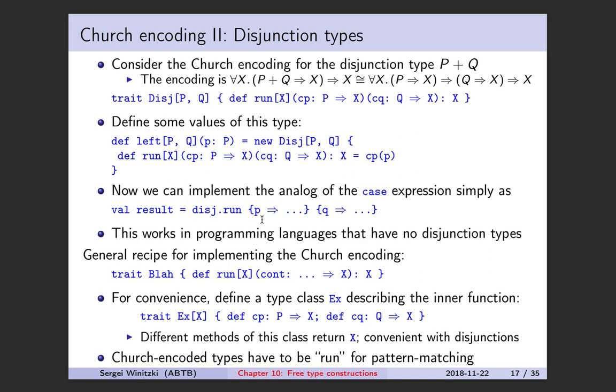So, general recipe for church encoding is that you need to hide your universal quantifier. So you create a trait with a method which I will always call run in this tutorial. This method has an argument, which is this continuation-like function, or this function, maybe several of them, maybe a product of them if you have a disjunction.